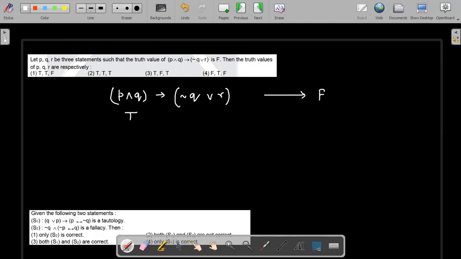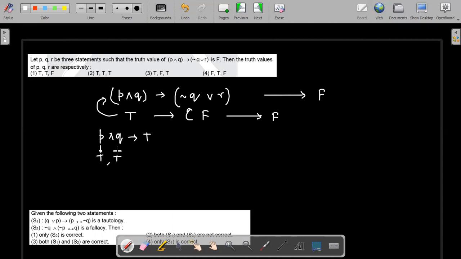The only case is truth implies false is false. So therefore this will be truth and this will be false. Now an and statement is only true when both of them are true, right?